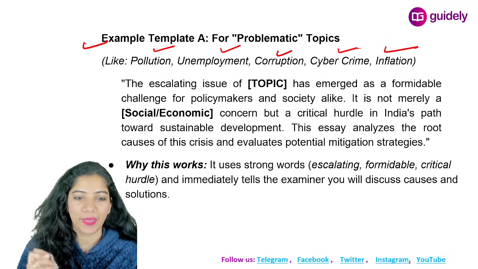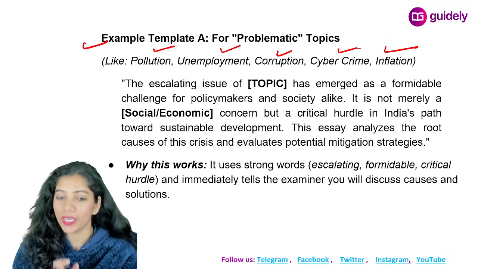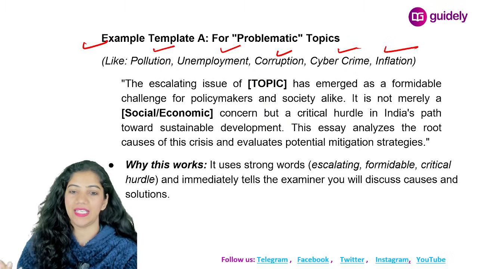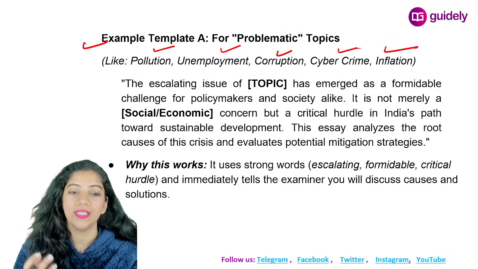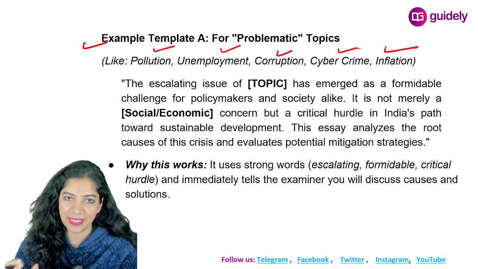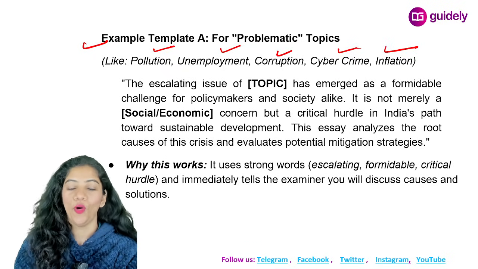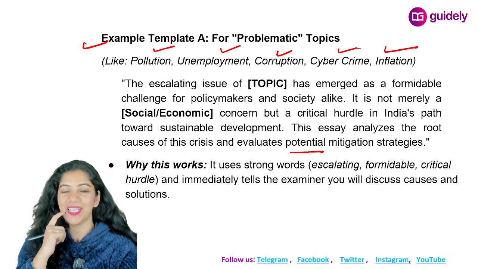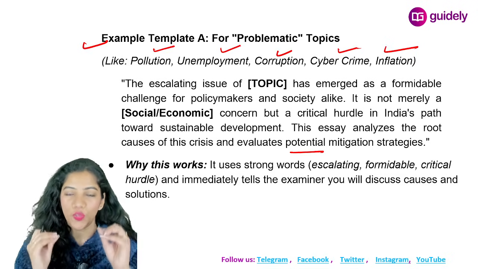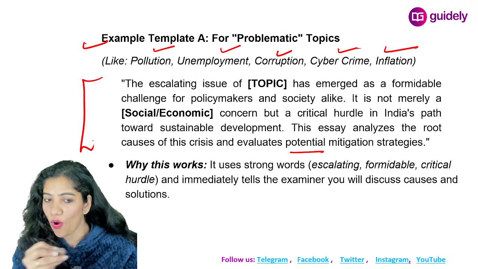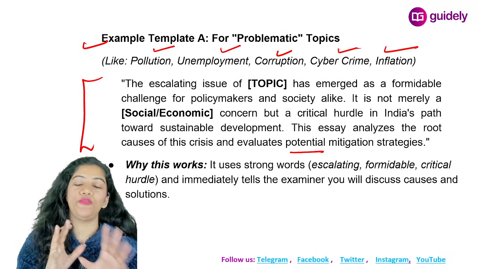It is not merely a social or economic concern, but a critical hurdle in India's path toward sustainable development. This essay analyzes the root causes of this crisis and evaluates potential mitigation strategies. You can use these 5 lines for any of these topics.